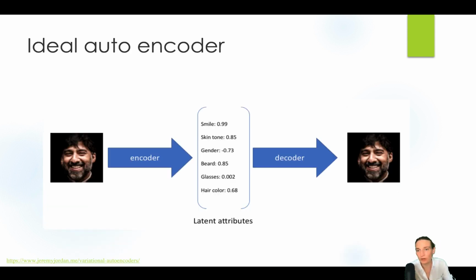So hopefully what you want to achieve is something like this. You feed it an image, the encoder disentangles your latent attributes, and each of these attributes represents a very particular feature.